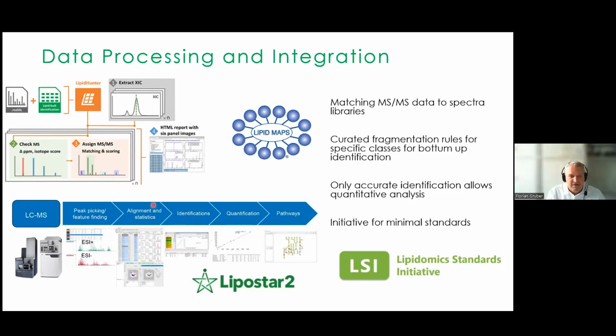One software that can do that is, for example, Lipid Hunter, or software that combines both of these capabilities, like Lipostar.